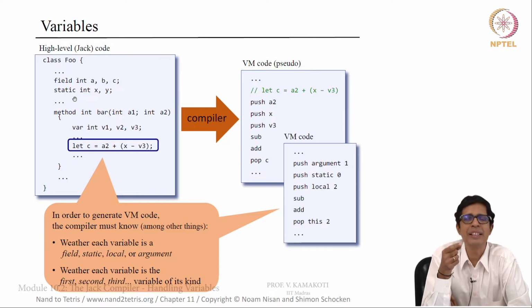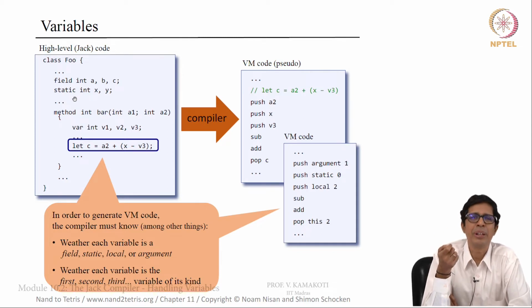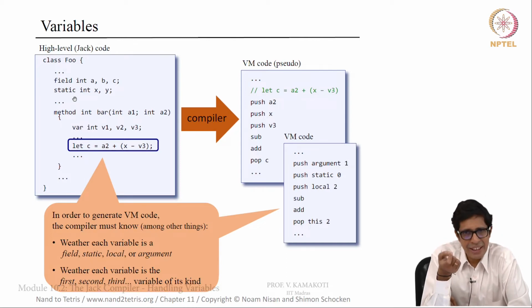When you are compiling the code, you ensure that whenever I am executing something related to an object of a class, that object would have been created.